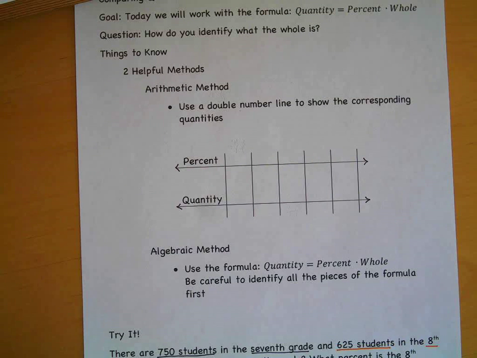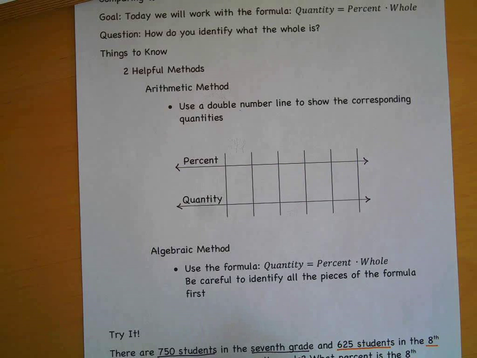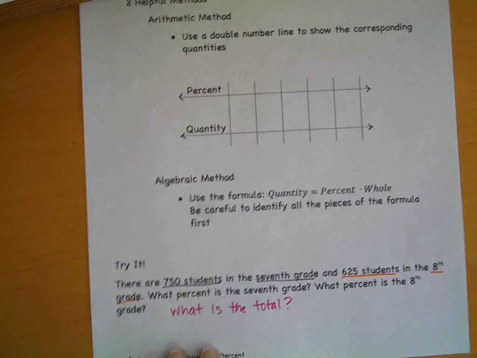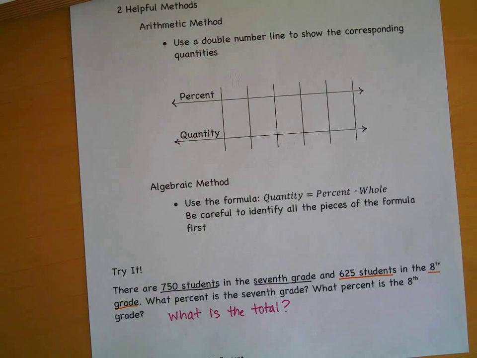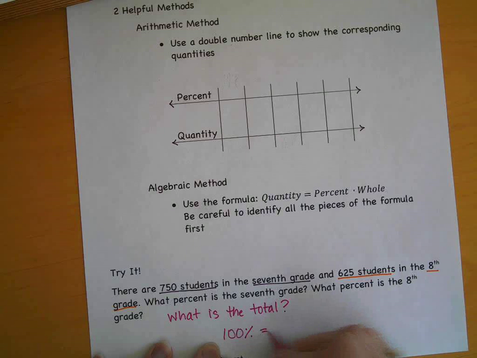What I'm seeing as missing is, what is the total? Now, we don't actually have to have this question written down, but it is what I think of in order to start figuring out percentages, because I know that 100% in any problem equals your total amount.